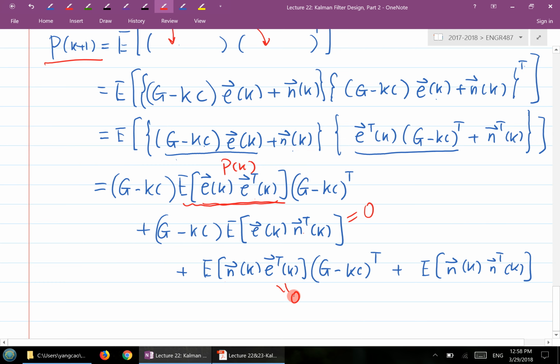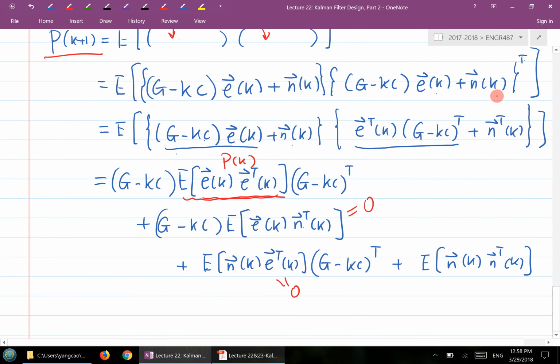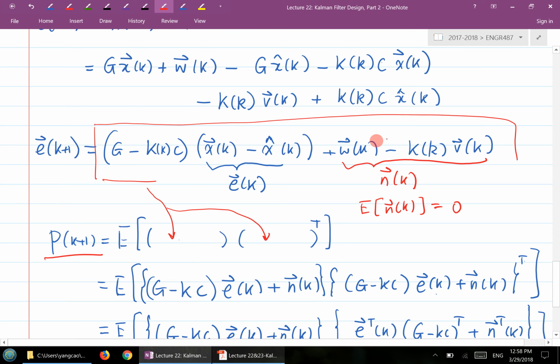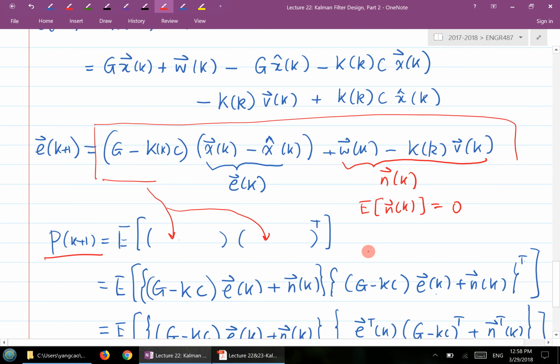And the last part is the expected value of N(k) times N transpose, where N is defined over here in terms of w and v. You can substitute this N into here and do an expansion. What happens when you multiply this one by its transpose? You get w multiplied by w transpose, you also get v multiplied by v transpose, and you also get w multiplied by v. But w and v are independent, so that expected value will be 0.